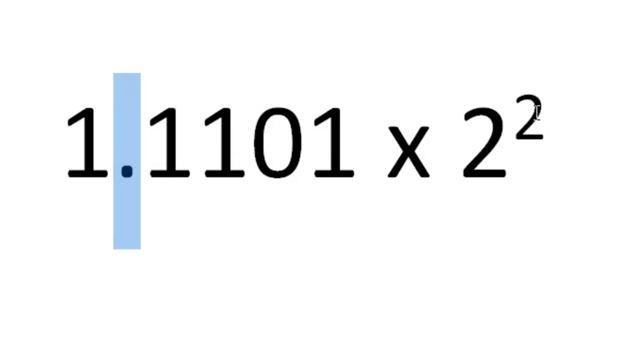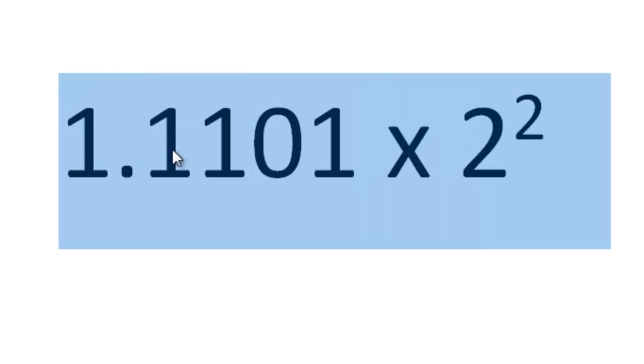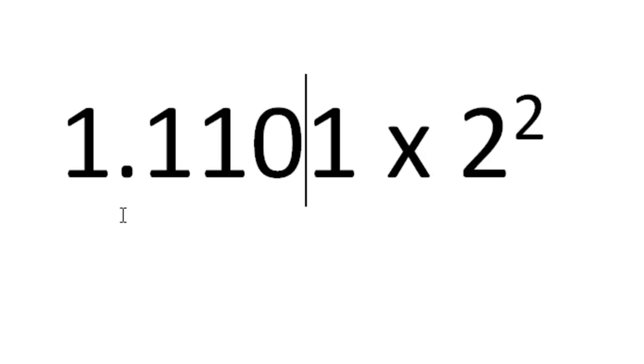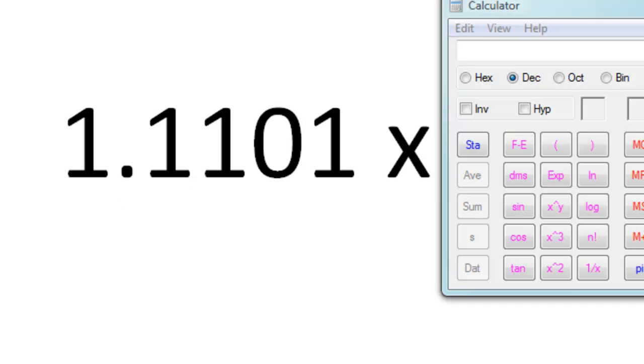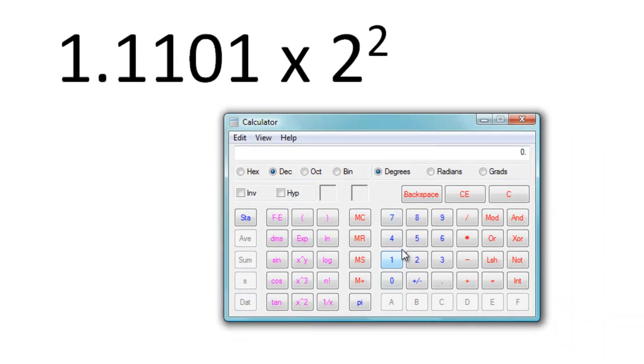It has an exponent of 2 and a mantissa of 1101. The sign, if we had a sign bit, would be positive, because this is a positive number. There's no negative sign anywhere about. And if we get ourselves a calculator, like the Windows calculator here, we can actually put this into the calculator.